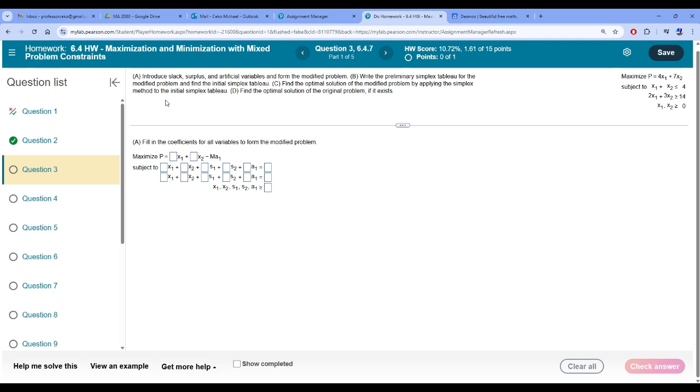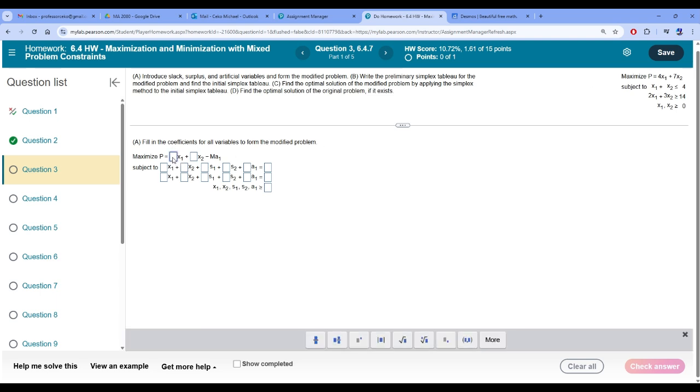Okay, number 3. All right, introduce the slacks. So here, this is going to be p equals 4x1, 7x2 minus Ma. And then it's 1, 1 plus 1, 0, 0 equals 4. Or is it minus? I think it's, no, it's plus. This one should be 2, 3, 0. Oh, it's greater than.